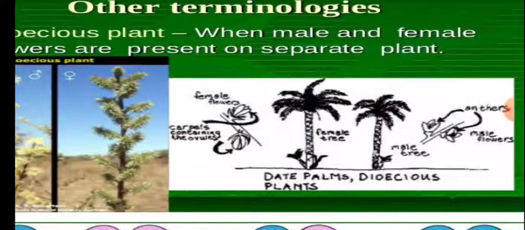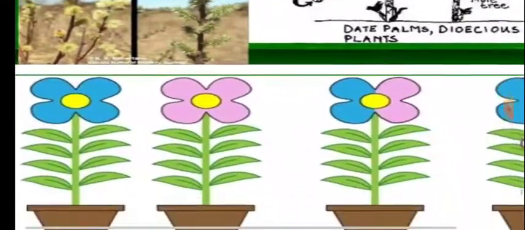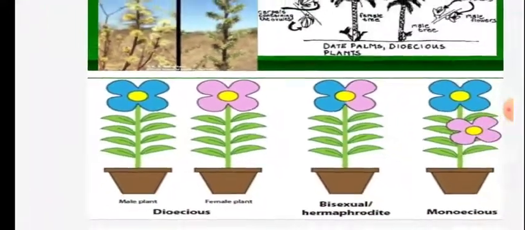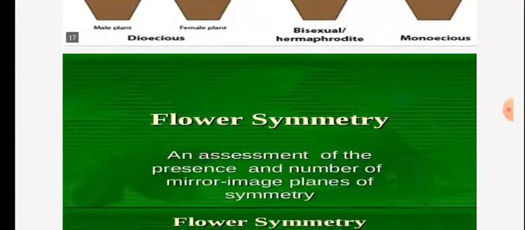Here the different palms show the monoecious condition, where male and female flowers are separate. Here you are observing the male plant and female plant. Then they show bisexual, hermaphrodite flowers, and the monoecious condition is there.